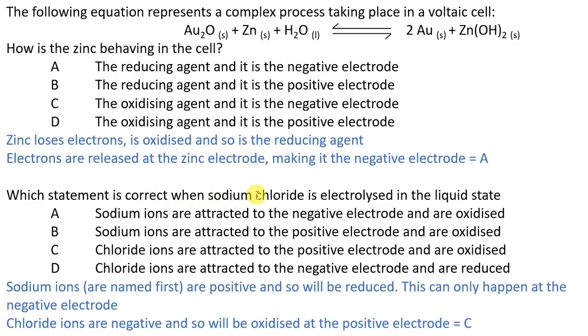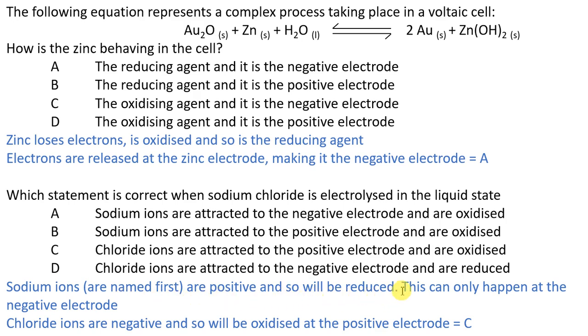Second, which statement is correct when sodium chloride is electrolyzed in the liquid state? In other words, it's molten sodium chloride. Now, in the name sodium chloride, we never mention it, but positive ions are always named first, negative ions second. Sodium ions are positive.